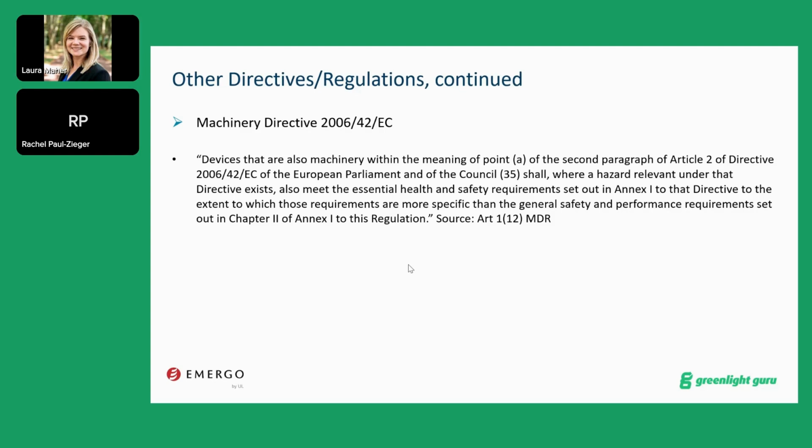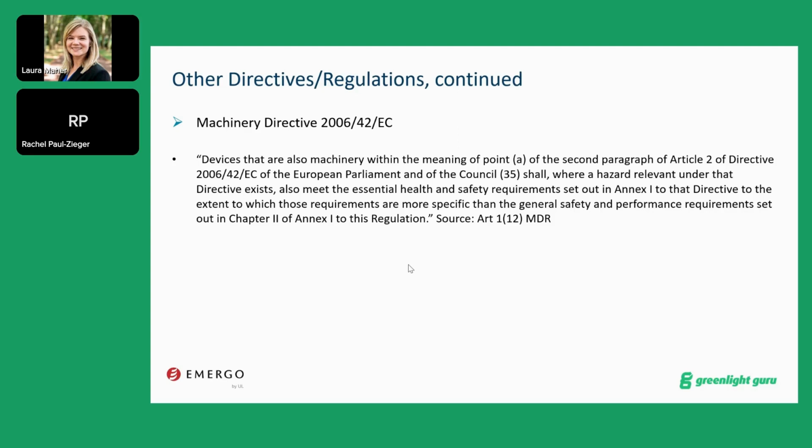Yeah, this is very valuable information. So in fact, the checklist, the gap analysis between the device and the GSPR requirements, should be started very early during the design phase, because otherwise you will have gaps between your device and the MDR.